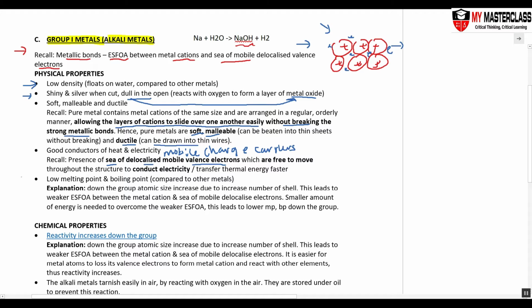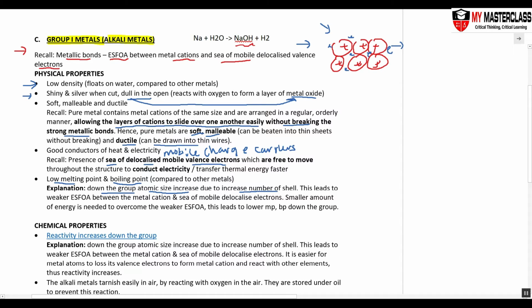Okay, group 1 metals generally have low melting point and low boiling point. This is comparatively low if I compare it with all the other metals, for example your transition metals. What is the explanation for low melting point, low boiling point? Down the group, atomic size increases due to increased number of shells. This one we already established previously.